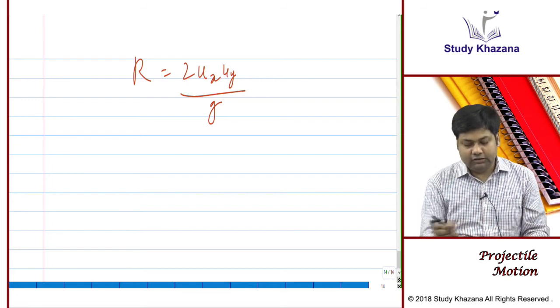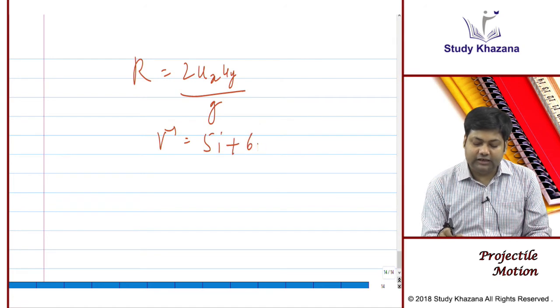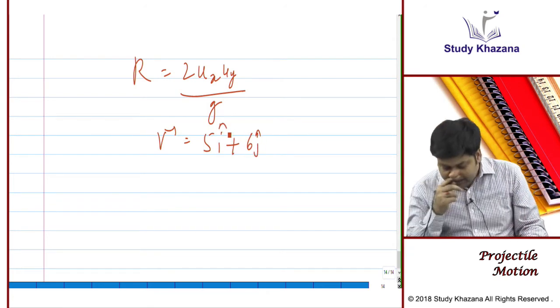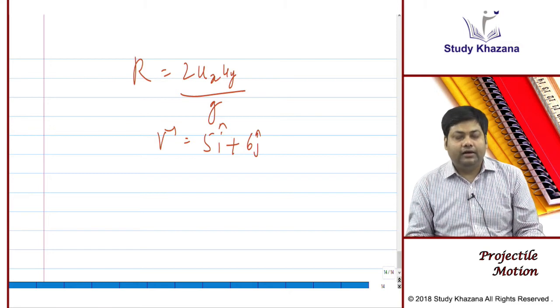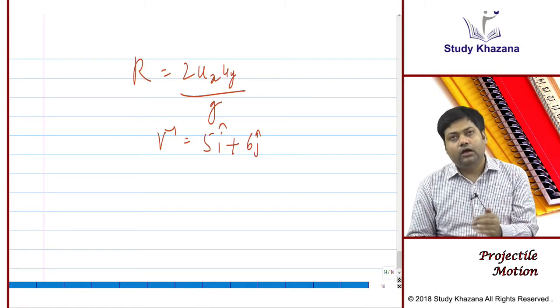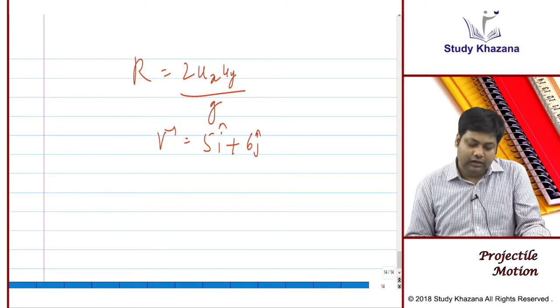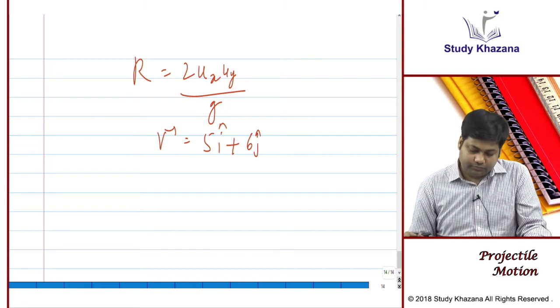So let's say there is a question in which you are given that a particle is projected with an initial velocity 5i plus 6j. Here you are not given the angle, and you need to find the range. You actually don't need to calculate theta, because that method can also be used, but that will be slightly lengthier.